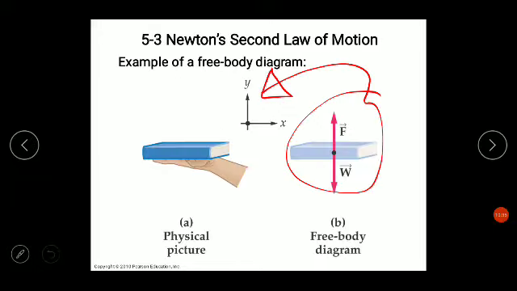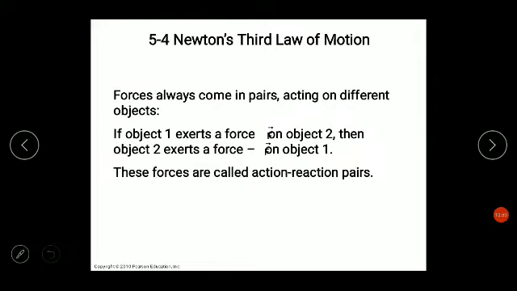If you're going to look at this figure, there is a force going downward, there is a force going upward, and these forces actually act on the book. And with this, we may have the third law of motion, which is what we call the paired reaction. It states that for every action there is an equivalent reaction.